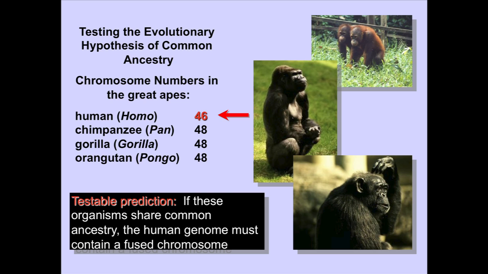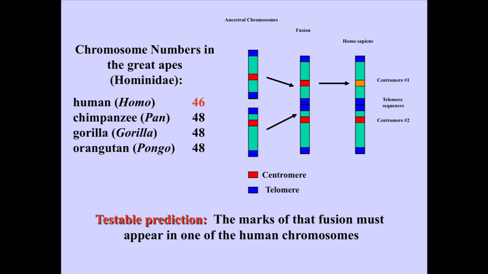So we could look at evolutionarily how this might have happened with a testable hypothesis: if these organisms actually do share a common ancestry, the human genome must contain a fused chromosome. So in fact, the human chromosome complement has 46, and chromosomes have characteristically these centromeres and telomeres.